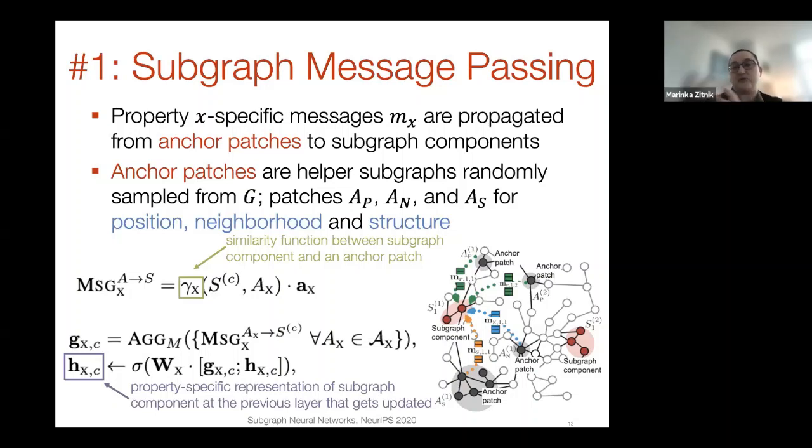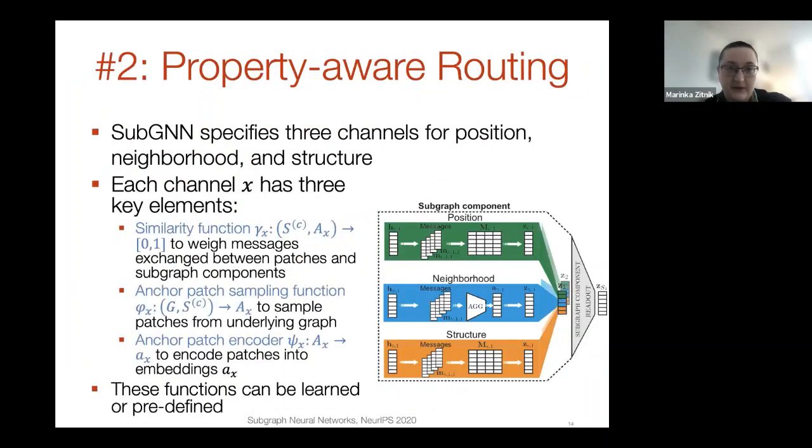The similarity between anchor patches and subgraph components is measured. So this is the first level of passing messages from anchor patches to subgraph components. And then from subgraph components, the messages are aggregated at the subgraph level. So it's really a two-level hierarchy of exchanging neural messages in the graph.